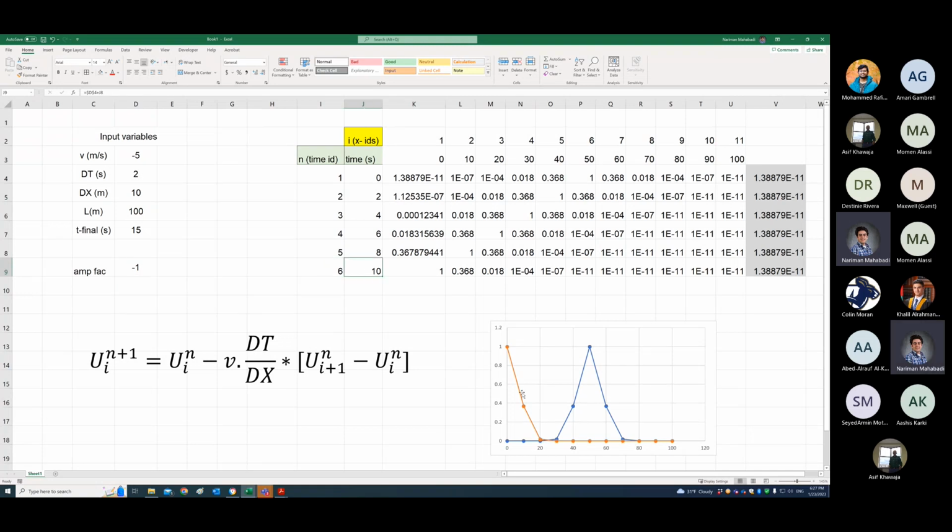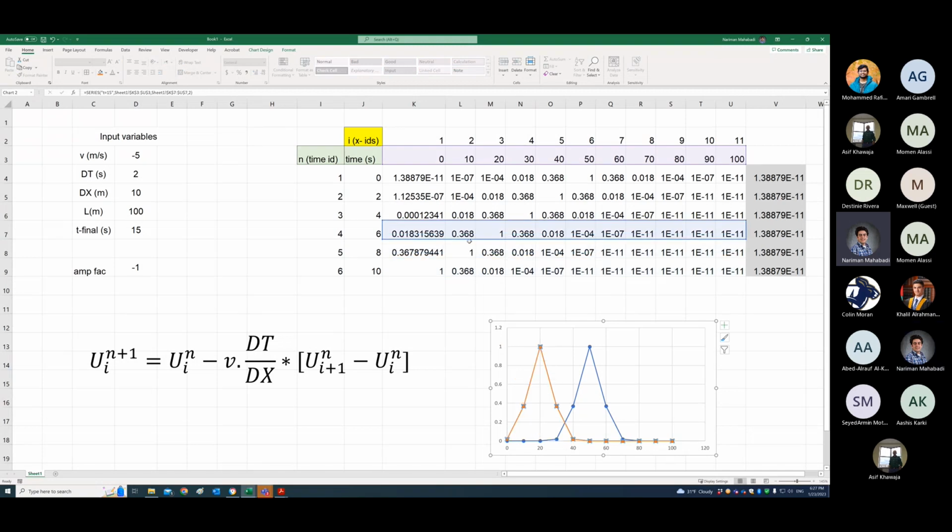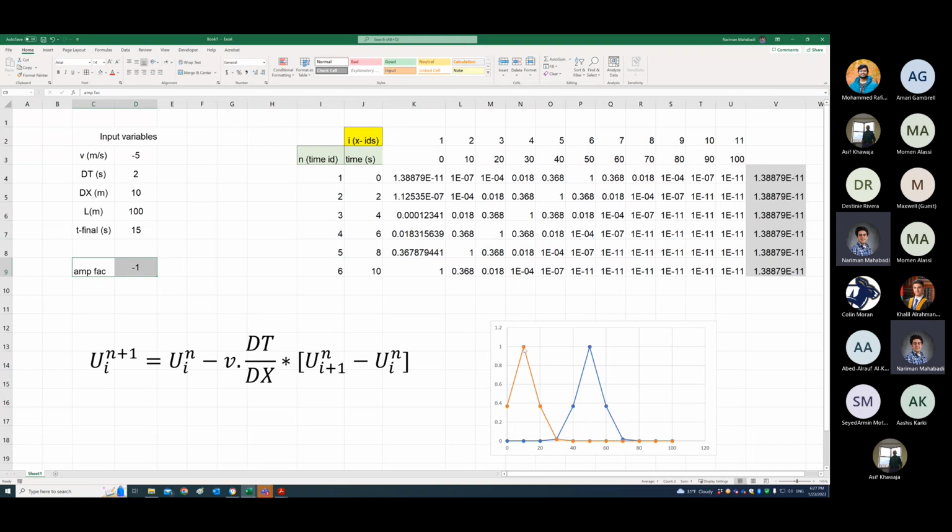If I go for the previous times, you can see the movement of the distribution is perfectly just moving by 1D advection because I have a transmissive system. It's just passing from the system. There is no damping, there is no instability because my amplification factor is equal to 1. Does this make sense?